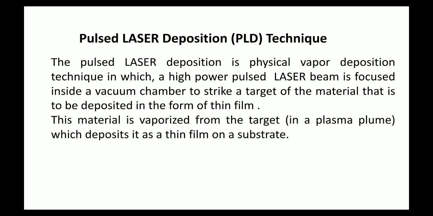Like we already discussed in DC and RF magnetron sputtering, there is a requirement of a chamber. In this technique also we need to use a chamber. In that chamber there is a target and there is a substrate. The target holder holds the target and the substrate holder holds the substrate.